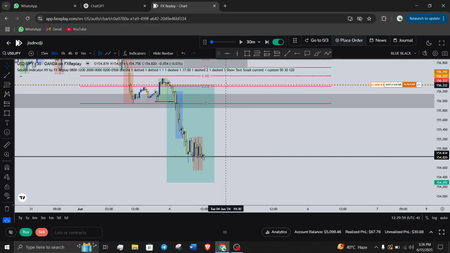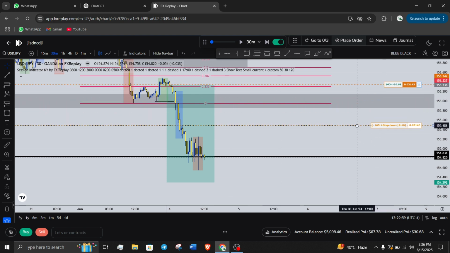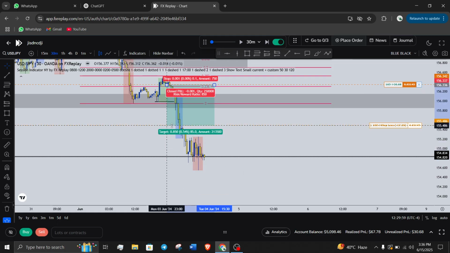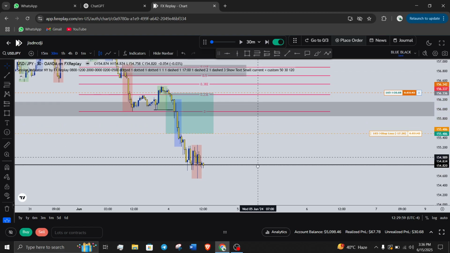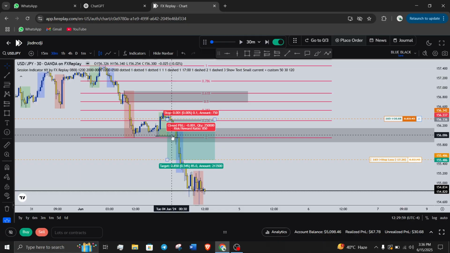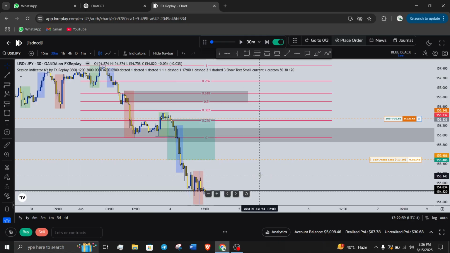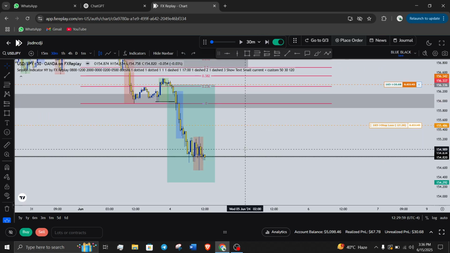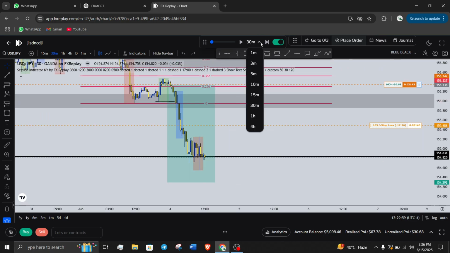Okay, and I would like to move my stop above this point because even if it hits, we will still have about 85 pips in the bank. So let's just play it.